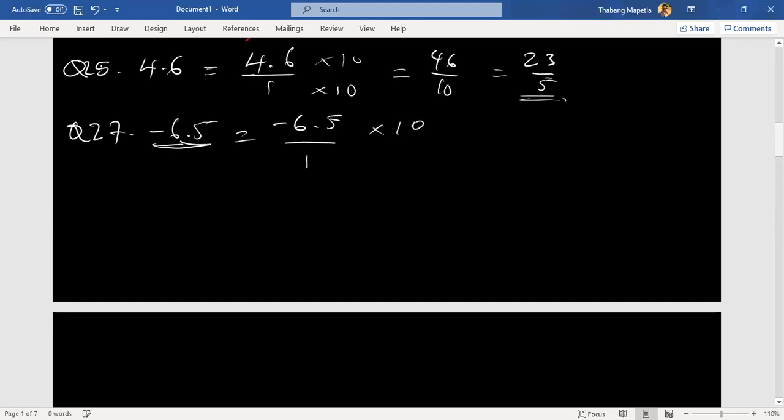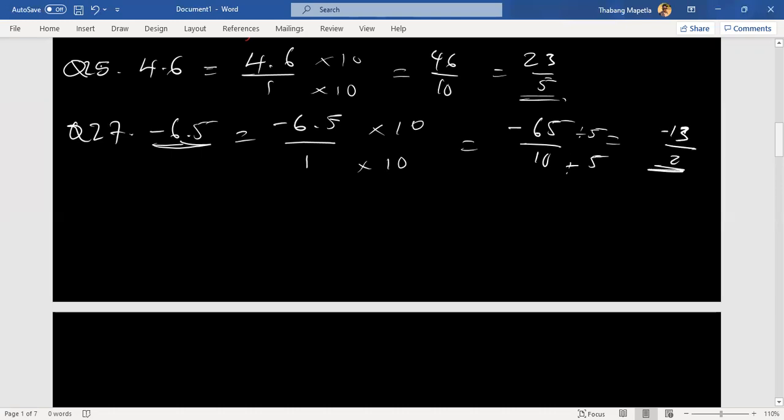So you multiply by 10 above and 10 beneath, then you balance everything. That is negative 65 over 10. Maybe divide everything by 5. 65 divided by 5 is 13. Divide by 5, so you're going to get 13 over 2. In fact, negative 13 over 2. So that is how simple it is.